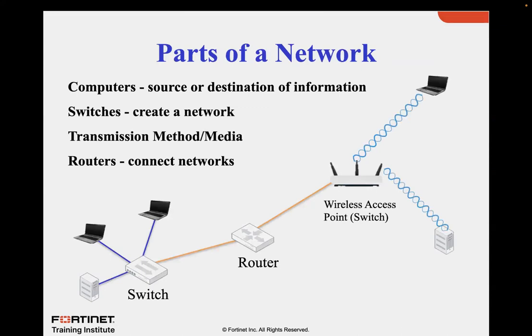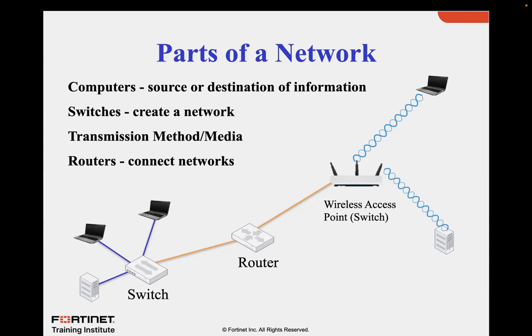The last thing, and then we're done with this introduction. Networks are made up of 4 pieces, and you'll need to know what these 4 pieces do. So at the simplest level, you have a computer. The computer is the source or the destination of the information.